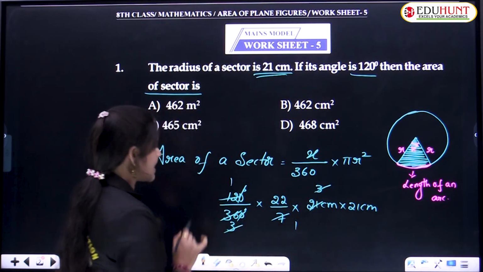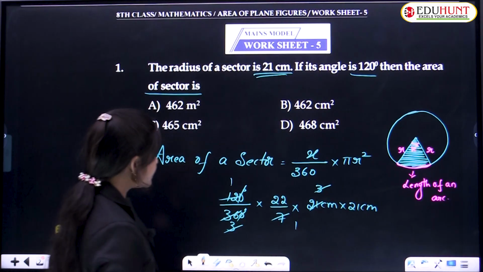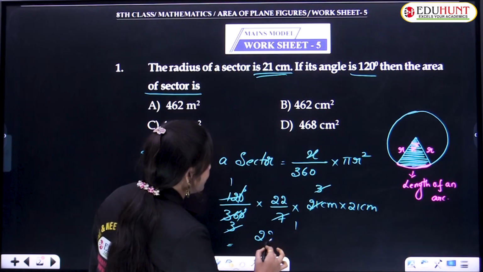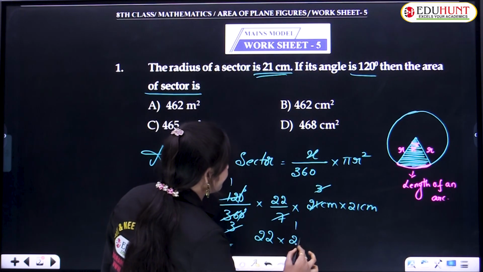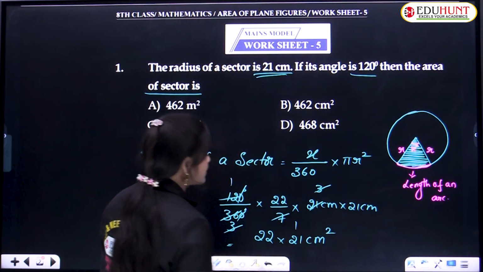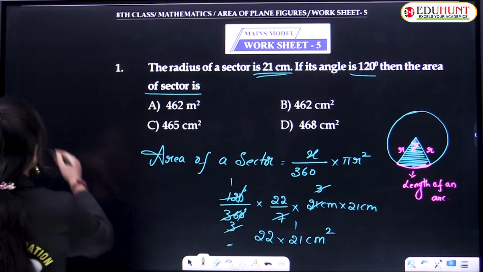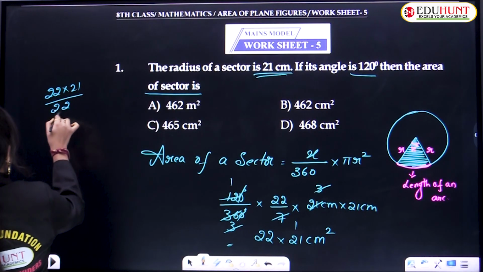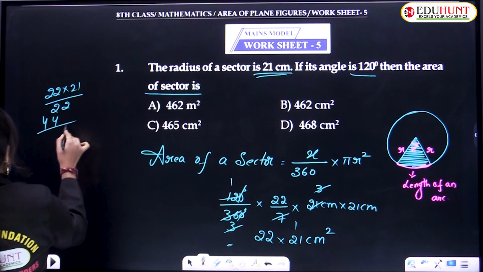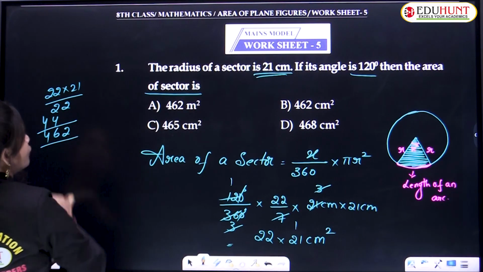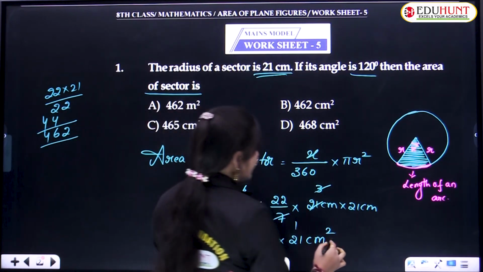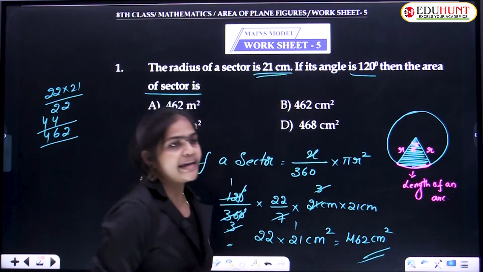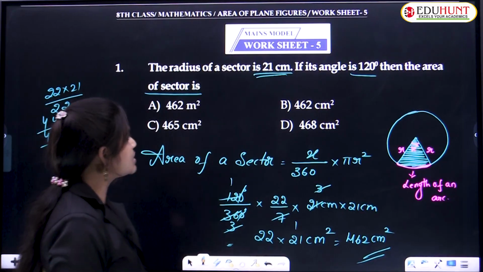Again 3 and 3 get cancelled. Finally 22 into 21 centimeter square. 1 2's are 2, 2 2's are 4, 2 2's are 4, so 2, 6, 4, that is 462 centimeters square. Finally, the answer: the area of the sector is 462 centimeters square.